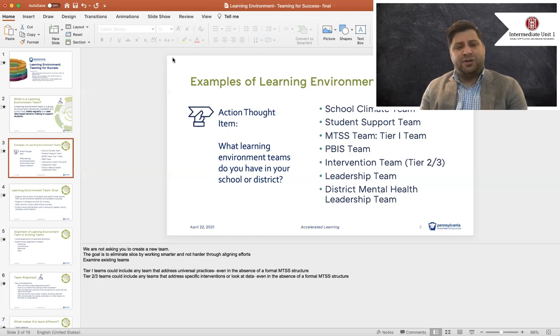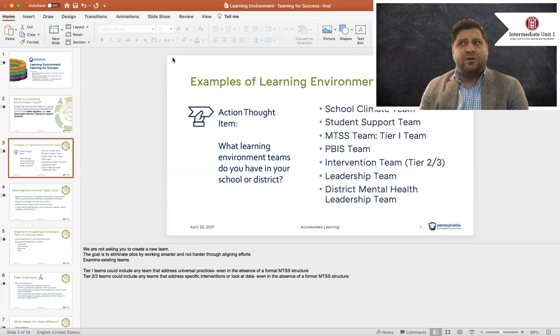A tier 2 or tier 3 team could include any team that addresses specific interventions or looks at data. Again, even in the absence of a formal MTSS label or structure, you may still have these teams in place that may not be called MTSS. They may just be called your intervention team, student intervention team.